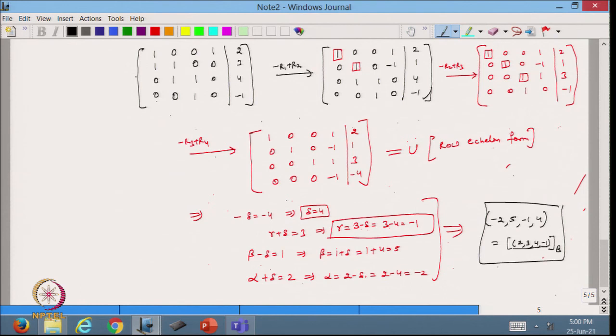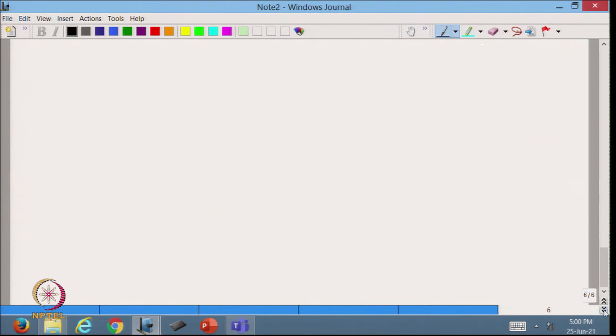This is the way we can find out the coordinates of any vector related to the given basis. So that is one of the ways we can define the basis.